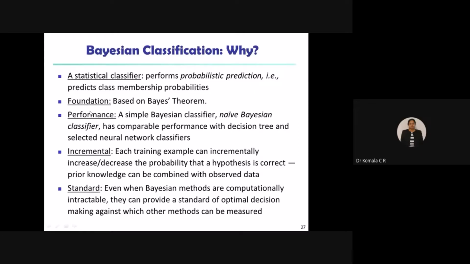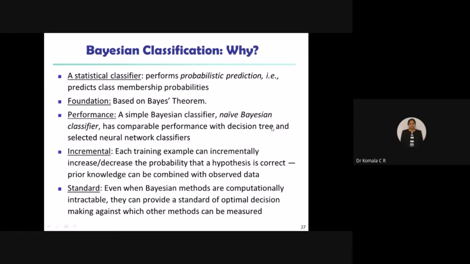The second one is that the foundation is based on Bayes theorem. There is already a theorem called Bayes theorem, and with the help of that we continue with the classification. On performance, a simple Bayesian classifier is called the Naive Bayesian classifier. It has comparable performance with decision tree and selected neural network classifiers. So we can compare the result of this Naive Bayesian classifier with decision tree induction.